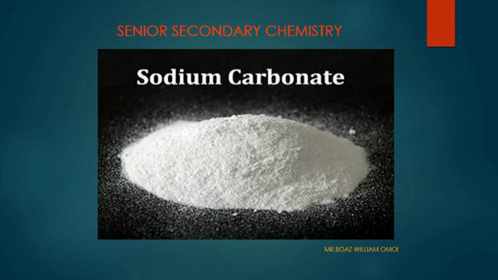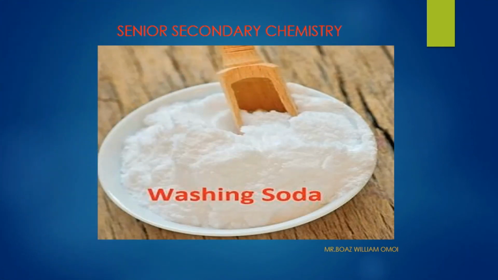Sodium carbonate is also used in the manufacture of paints, wall paints, which are used in construction and building. Those are some of the chemical formulas that I can give you for today.